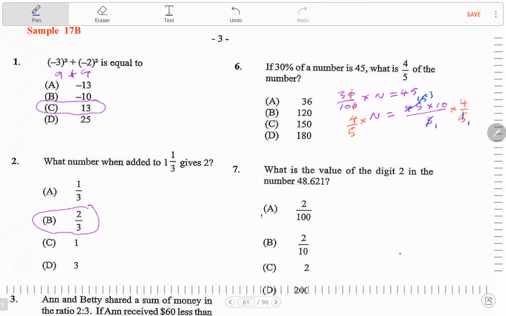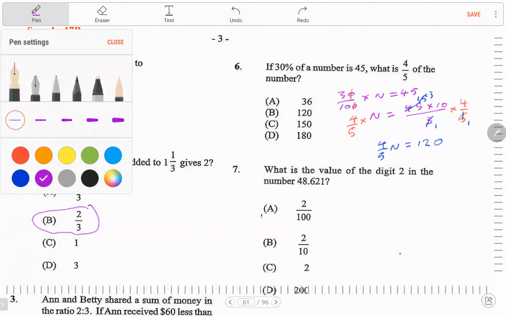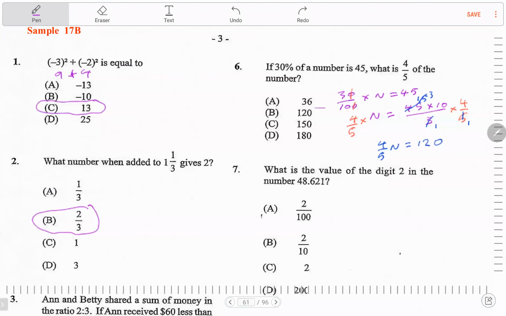So it becomes 3 times 10, which is 30. 30 times 4 is 120. So the 4/5 of n is 120. They wanted 4/5 of the number, 120. I don't remember seeing this question in our time.